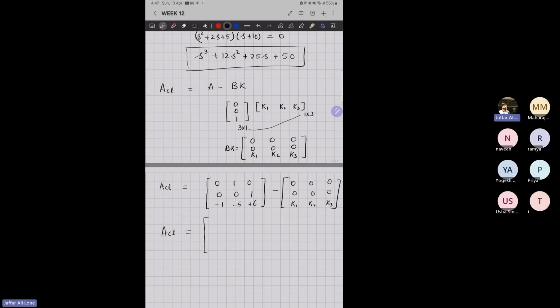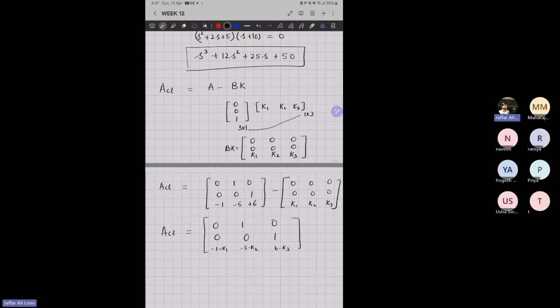But you'll see when your A matrix is not a sparse matrix, it's very complicated. So either you're given a sparse matrix where it's already in controllable canonical form and easier to solve, otherwise you are given a 2 by 2 system, right? So my ACL is 0, 1, 0, 0, 0, 1, minus 1 minus K1, minus 5 minus K2, 6 minus K3.